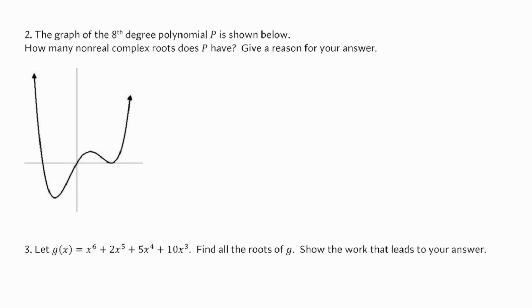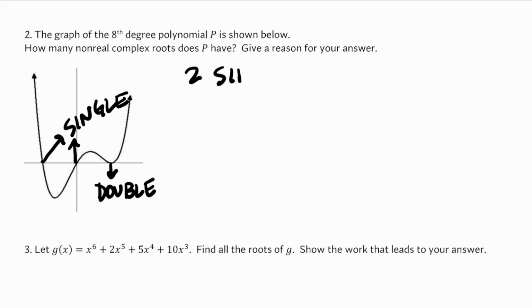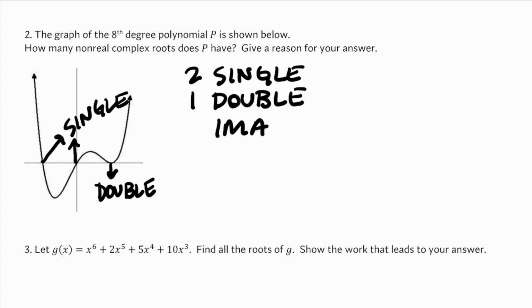The second one is telling me I've got an 8th degree polynomial. How many non-real complex roots do I have? Well, I've got 2 single roots right here and 1 double root down here. So if I have 2 singles, 1 double, and some number of imaginaries, they have to add up to the degree of the polynomial.